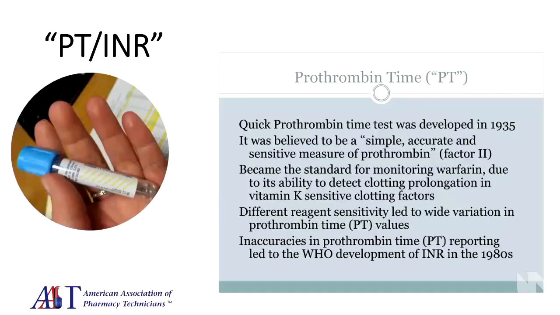That led to a lot of problems, putting people at risk for bleeding or clotting if they were going to different labs. There was also a big discrepancy between North American literature and European literature, because the thromboplastins used in Europe were much more sensitive than the thromboplastins being used in North America. And so the North American and European literature did not match.